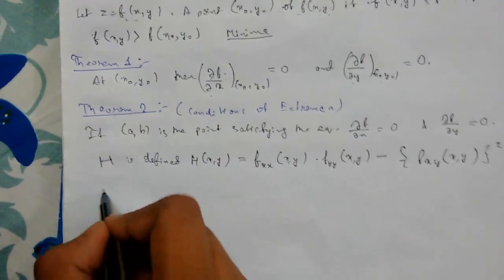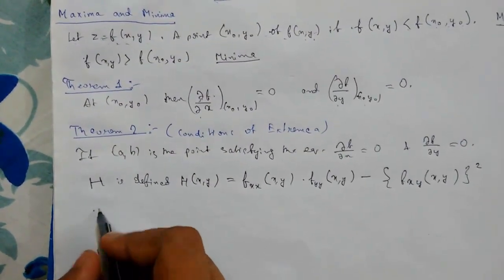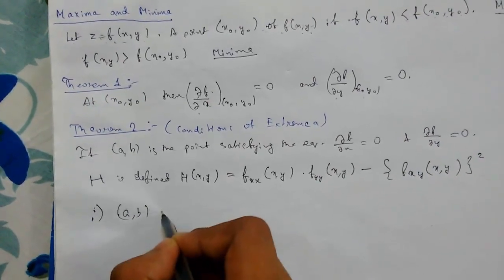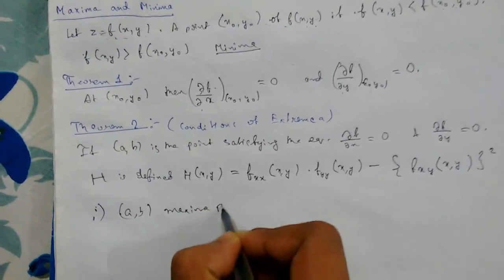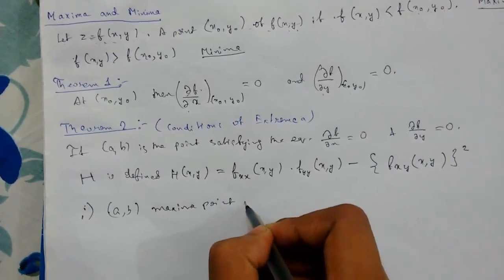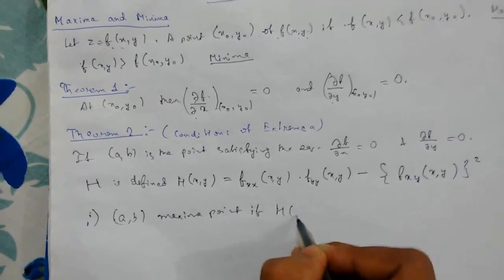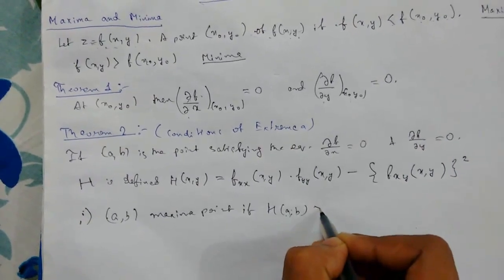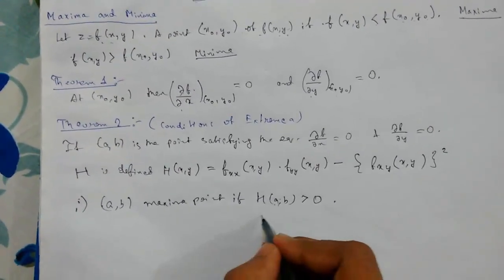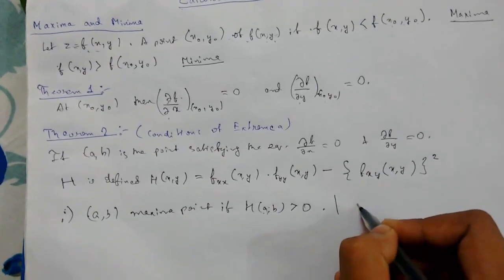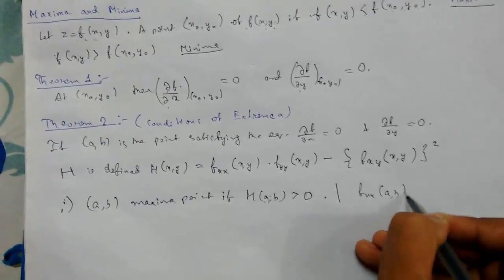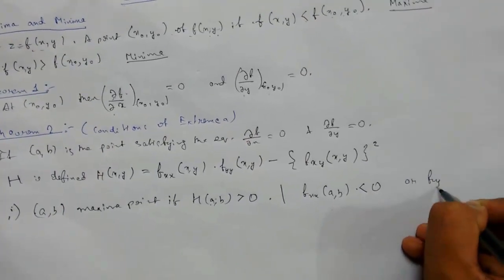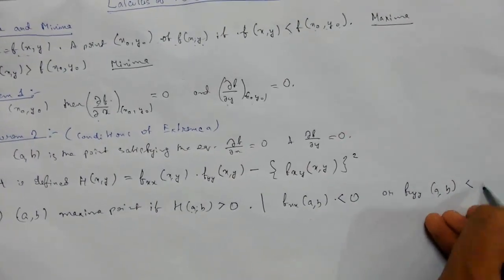Now for this function we have some conditions. Condition number one: if (a, b) is a maxima point, then h(a, b), putting the value of (a, b) here, must be greater than 0, and the other condition is f_xx(a, b) must be less than 0, or f_yy(a, b) must also be less than 0.